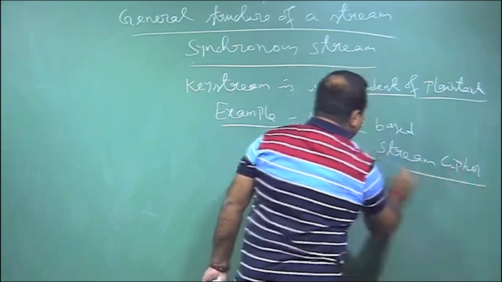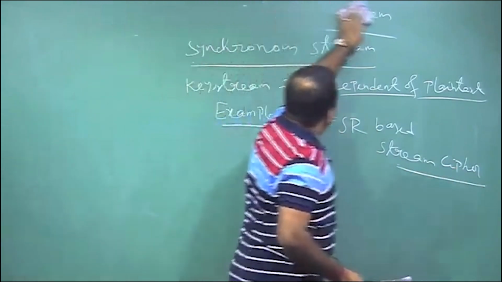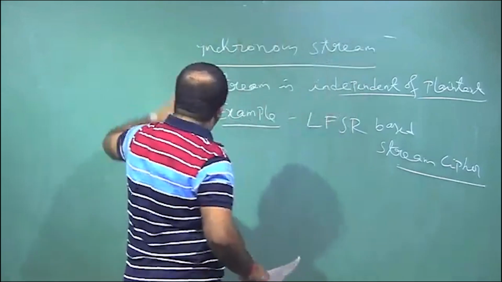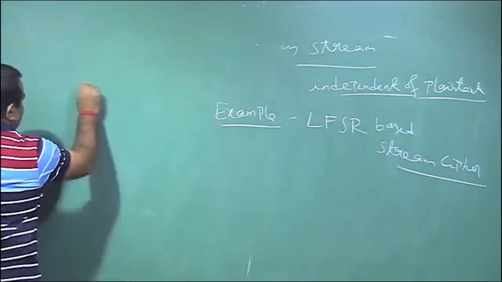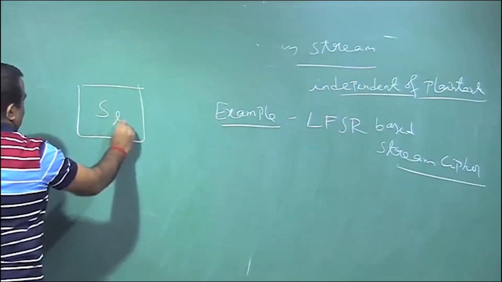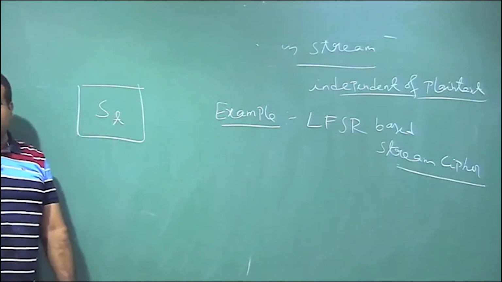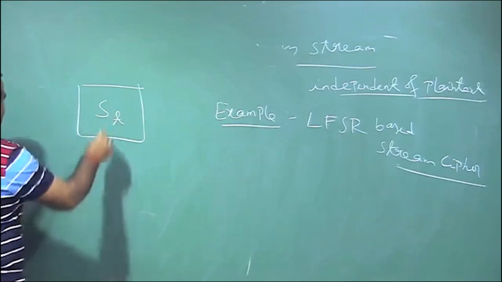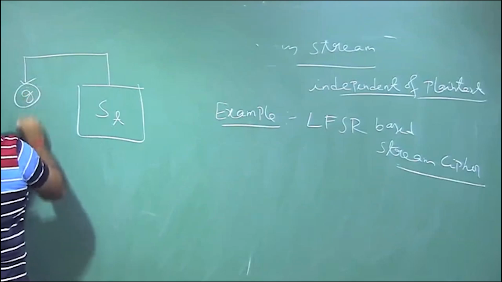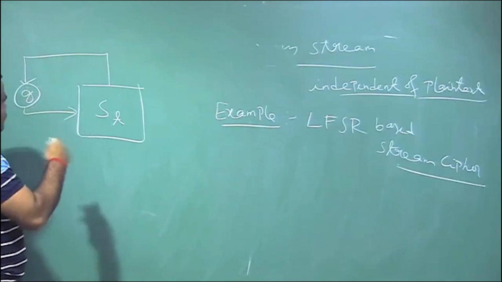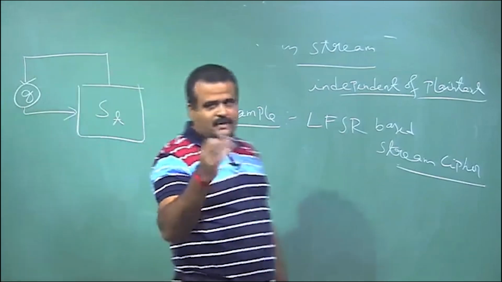Now we can write a general structure of a synchronous StreamCipher. It has a state, which we denote by ST. For example, if it is a 4-bit LFSR, the state is a 4-bit register, which is updated by a state update function G. For LFSR, that is the linear feedback shifting.